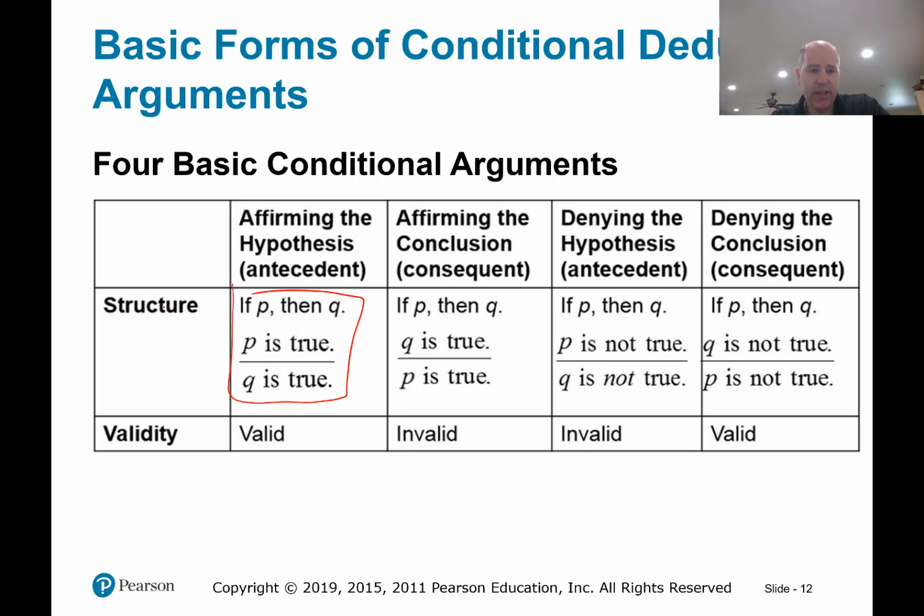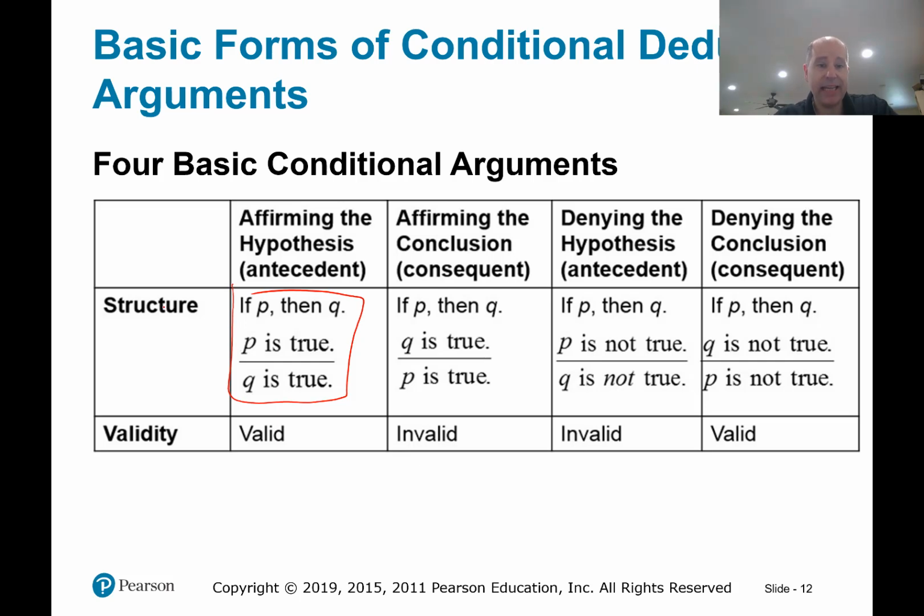So if you have a conditional as one premise, followed by the affirmation of the antecedent, right? P is the antecedent in this case. So you're saying P is true, so that's affirming the antecedent. And then of course the conclusion is the fact that Q is true, right?